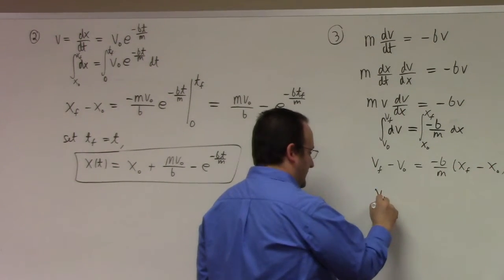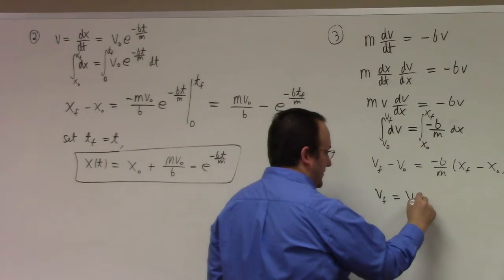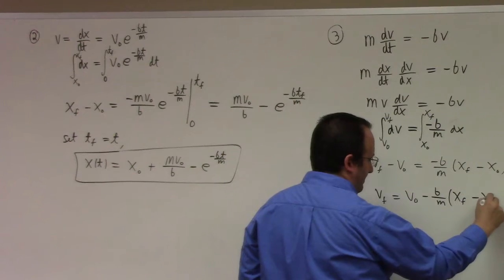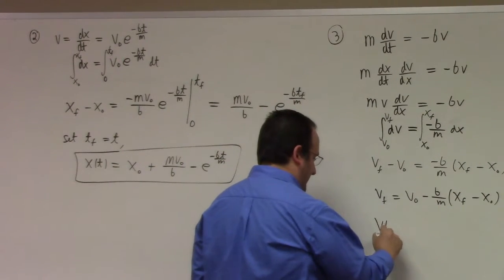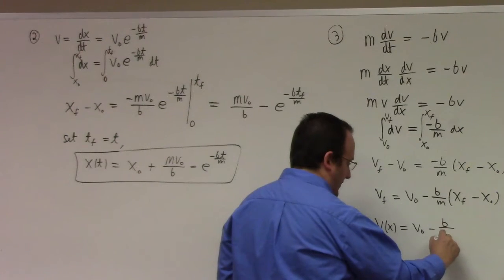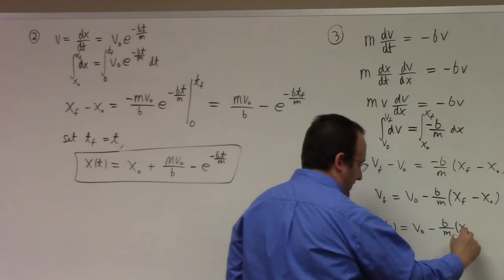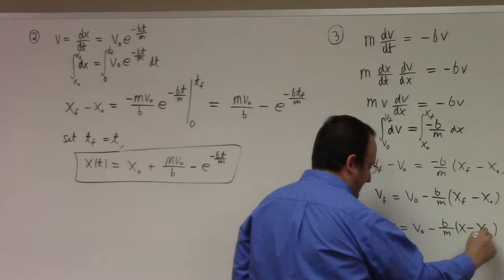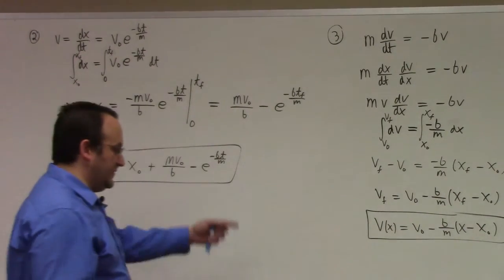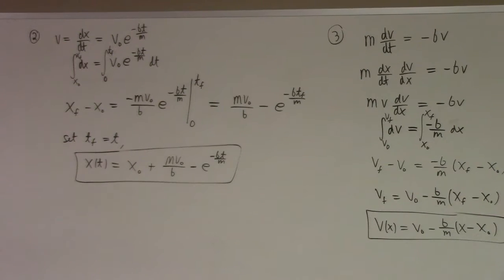In other words, vf equals v naught minus b over m times (xf minus x naught). Or v as a function of x equals v naught minus b over m times (x minus x naught). There you go. That's the velocity as a function of position.